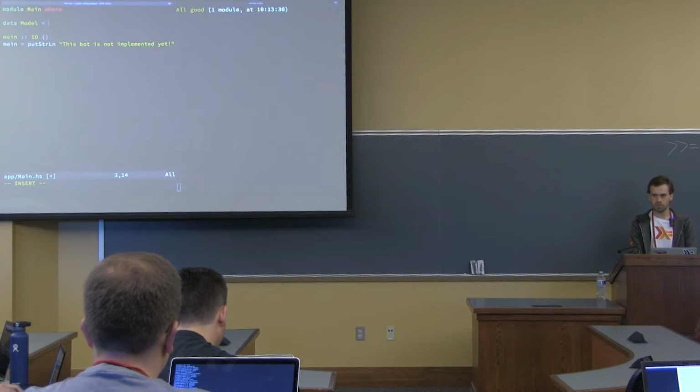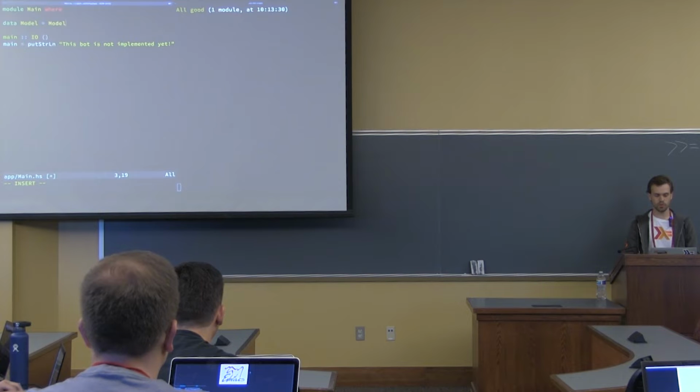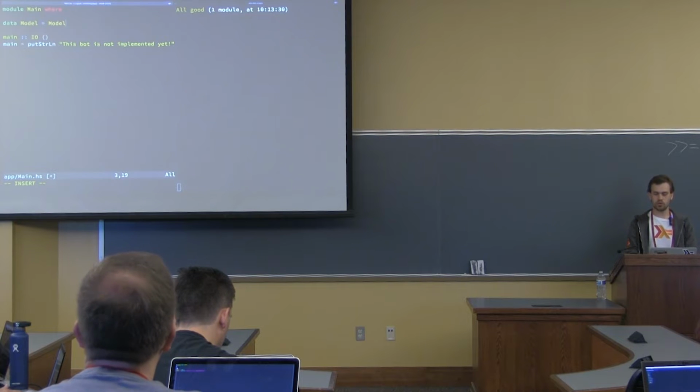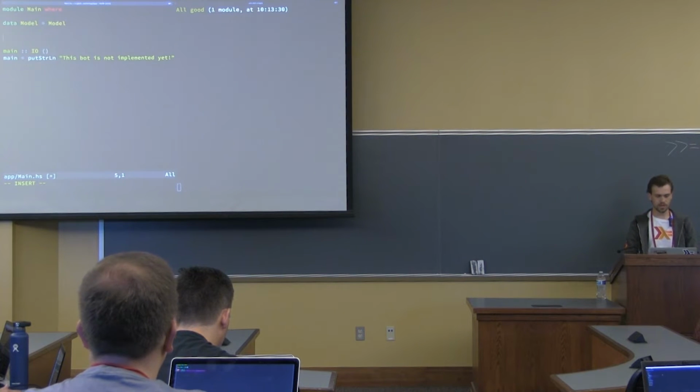So initially, we will not have any interesting model. So we will just have data Model is Model with no arguments, with nothing. You might as well use type Model as unit, but I think this is more explicit. And we should also have a type for actions.